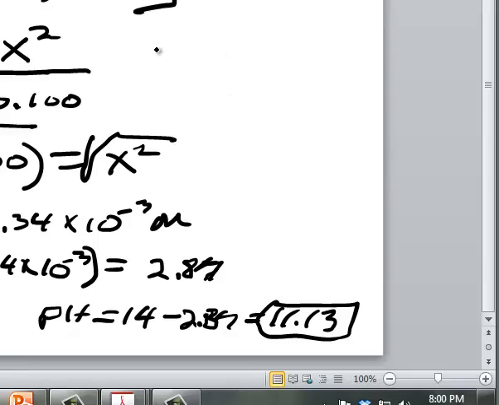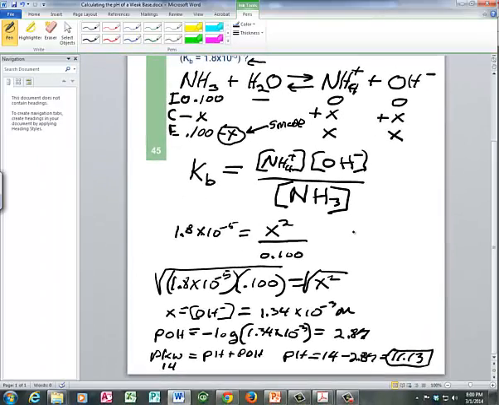We want to check our percent ionization by taking a look at our X value, 1.34 times 10 to the minus 3, divided by 0.100, times 100.